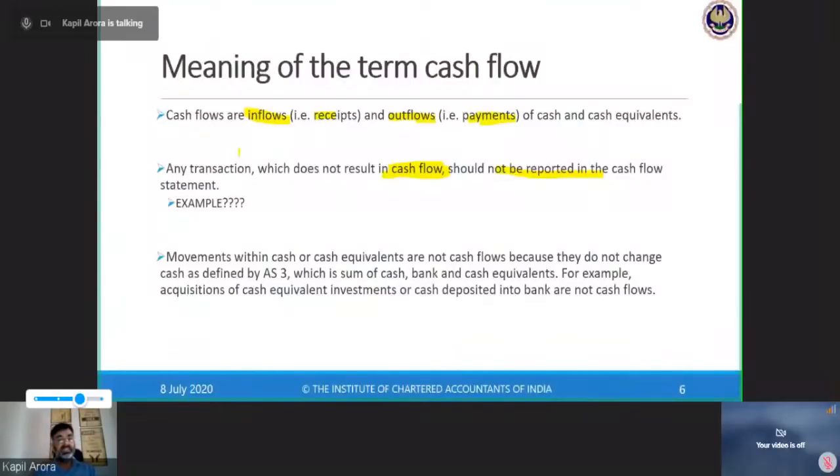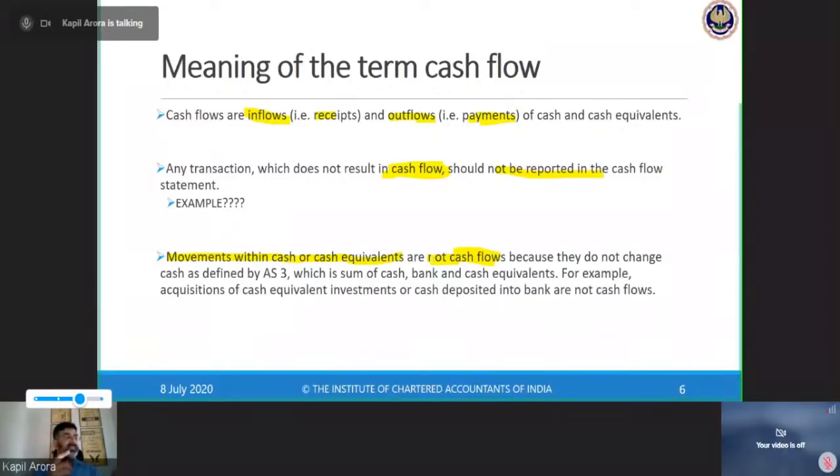Similarly, movement within cash or cash equivalents is not a cash flow. Movement, like you mentioned, Shruti, deposit in bank. So deposit in cash, withdrawal of cash, all these are nothing but movement within cash and cash equivalents.